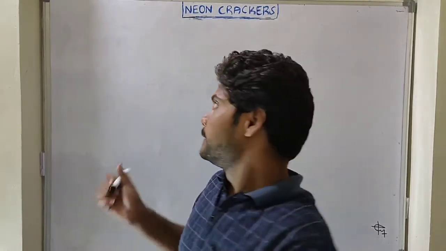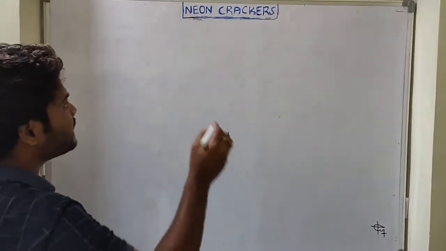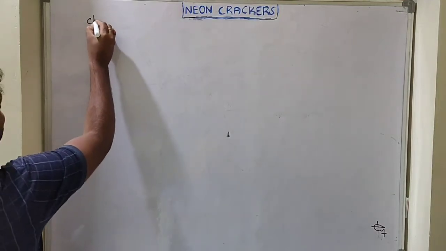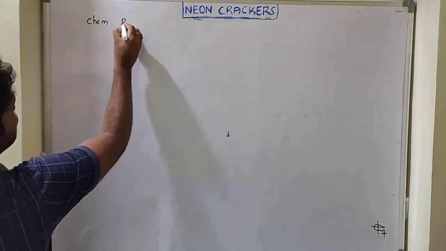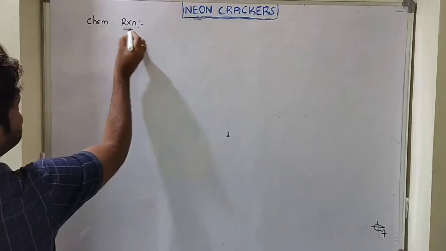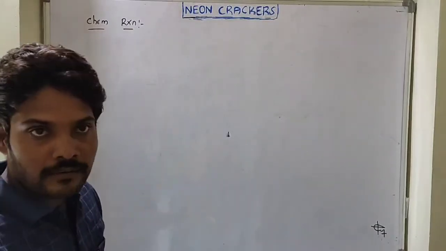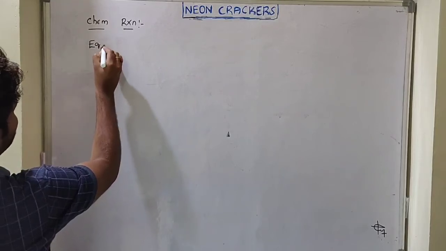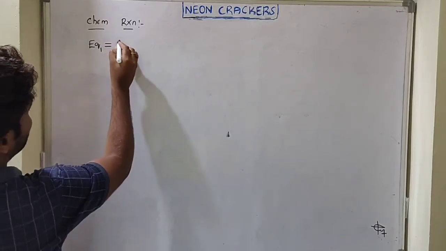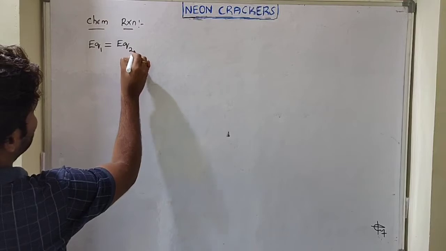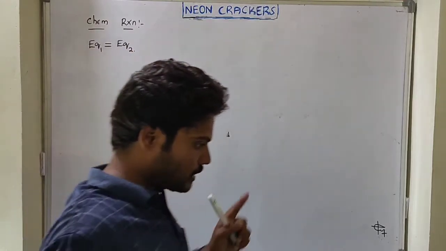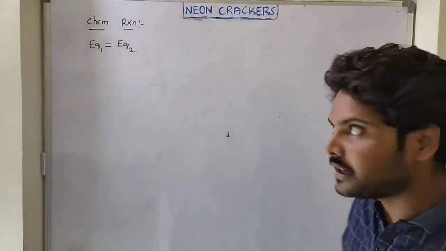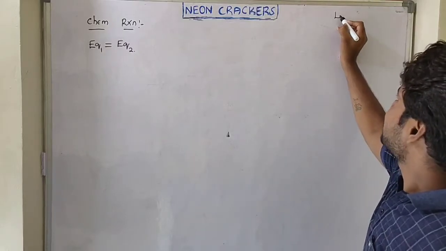Okay, let's see. As I told you, in any chemical reaction, either a redox reaction or a neutralization reaction, equivalents of one substance should react with equivalents of another substance. You must know one difference between equivalent weight and equivalents.